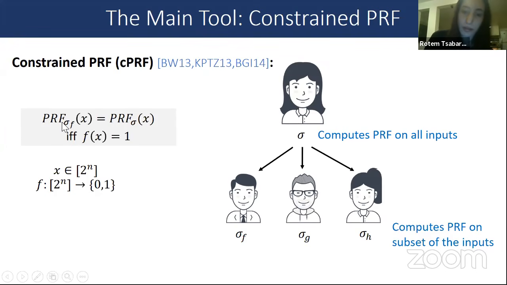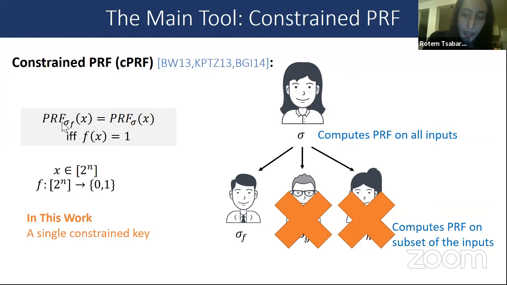So it gives you exact permissions to only compute the PRF on some inputs, while guaranteeing that the PRF security remains on all of the other inputs. Actually, in our context, we only need a constraint PRF that is secure given a single constraint key.